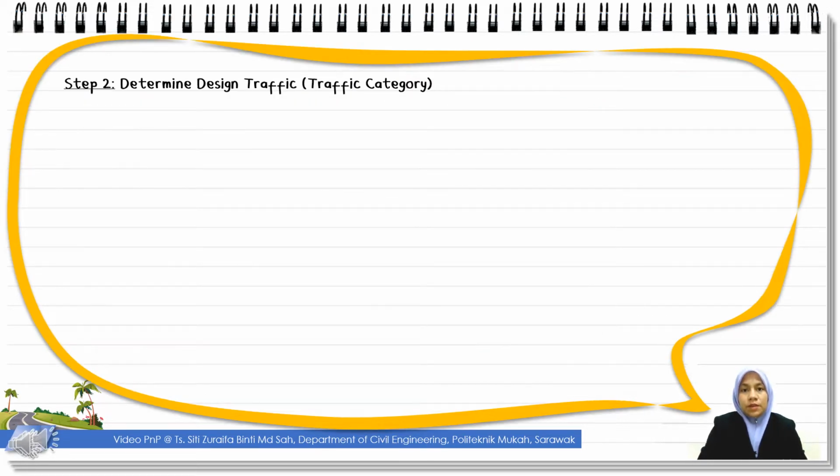Step 2, determine design traffic, that means traffic category. Calculate the design traffic, that means number of axles, for the design lane and base year Y1, that means the first year of design period, using the following formula.